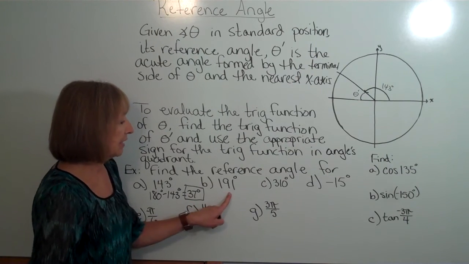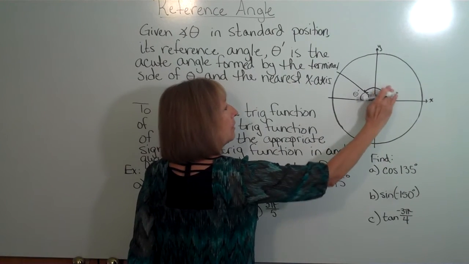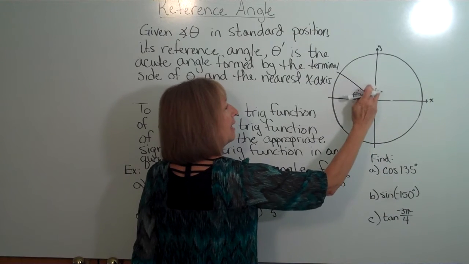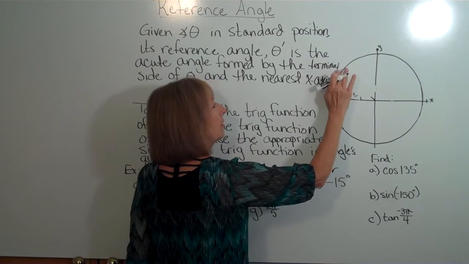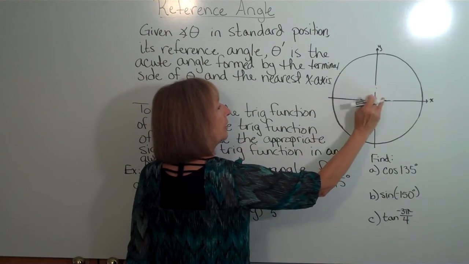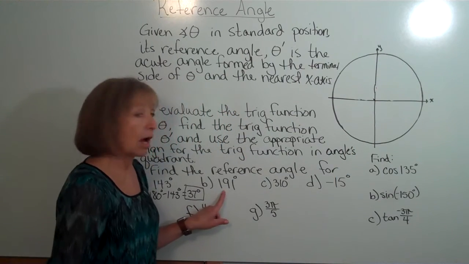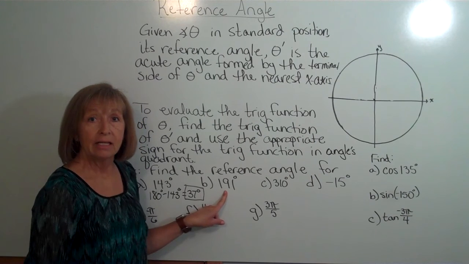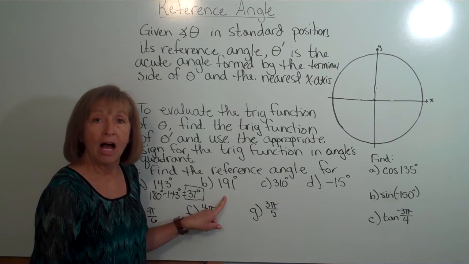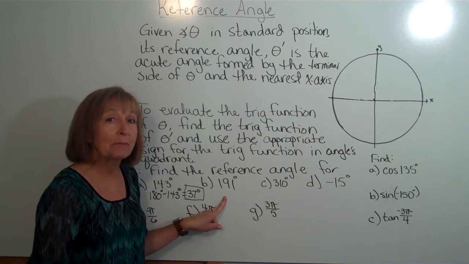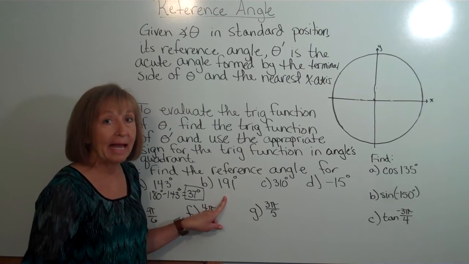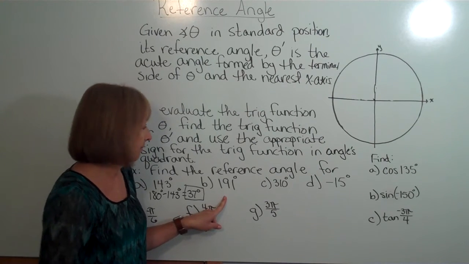Okay, so now let's look at the next one. So go ahead and take that angle off and look at what we have for 191 degrees. So again, it's a positive angle. 191 degrees is past the 180, but not quite to 270 yet.